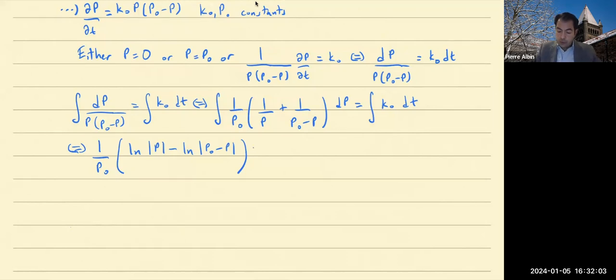And that's equal to k naught times t plus some constant, which I'll write as capital A.